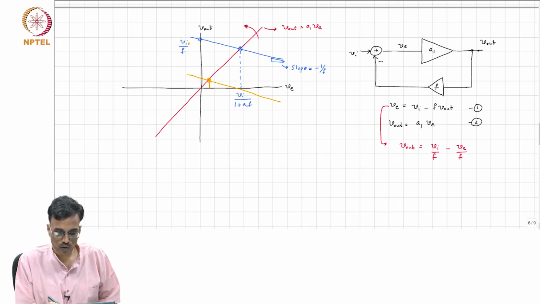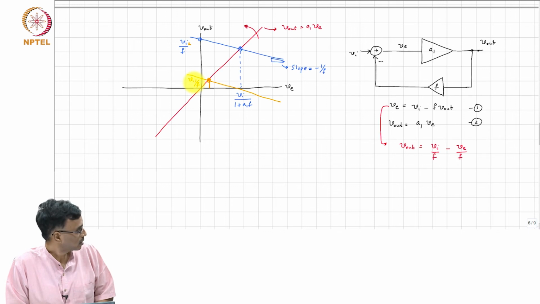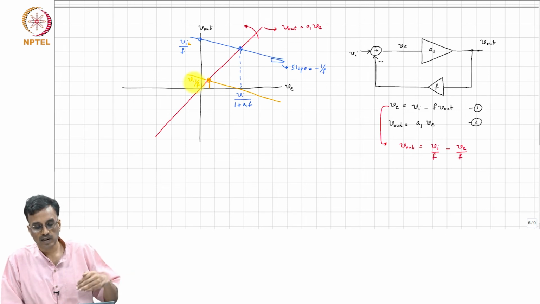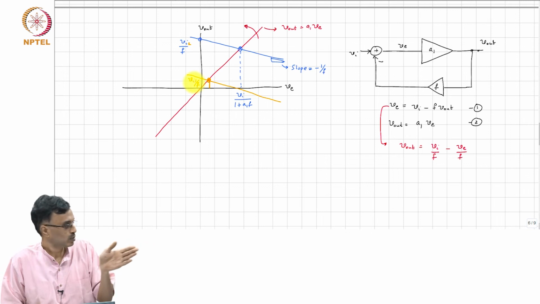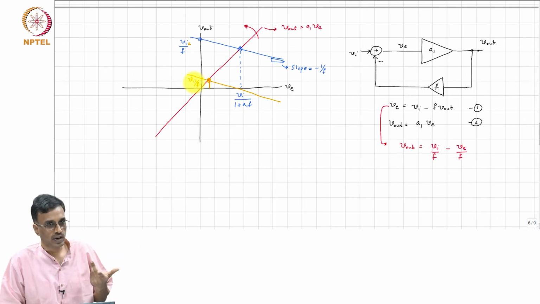Let us say this is Vi1 by F, and that is the output, correct? Of course, if everything is a straight line, then if I keep increasing Vi linearly, the error voltage will increase linearly and the output will also increase linearly.